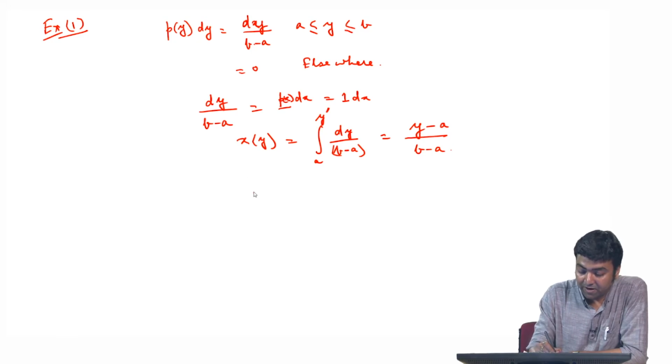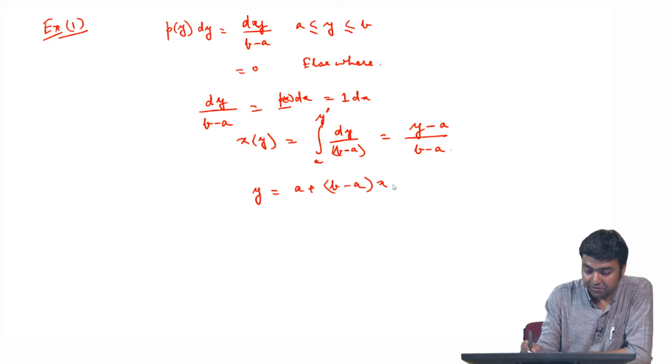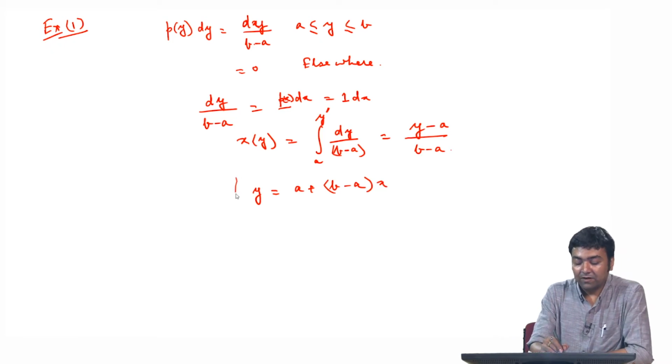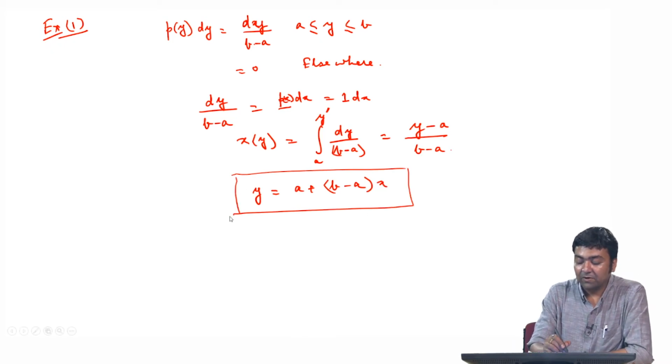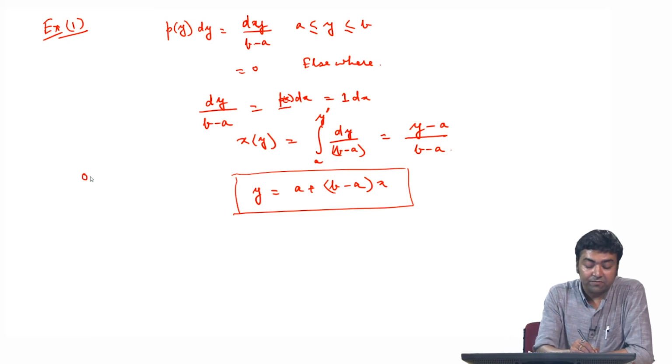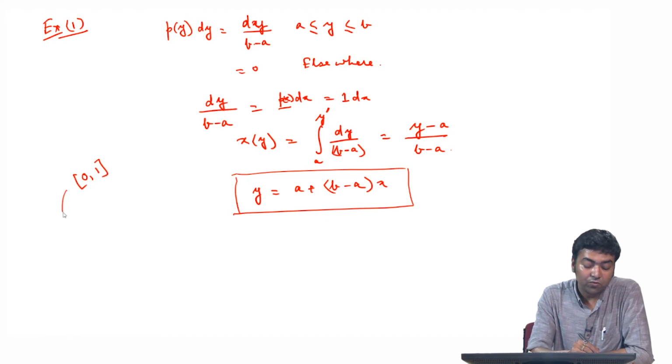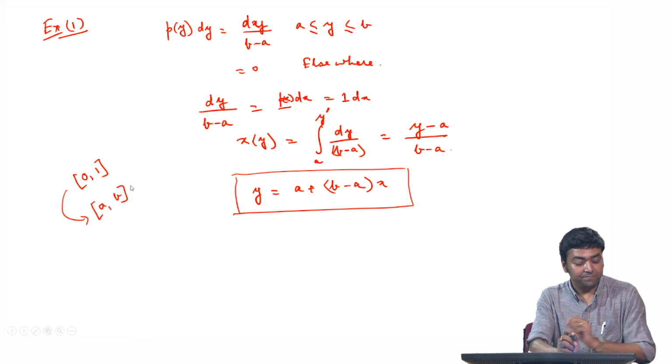If I do the algebra, I will get y = a + (b-a)x. So, basically what this change of variable does is that if I have a set of random numbers with uniform distribution lying between 0 and 1, it converts it to another set of random numbers, again with uniform distribution, but now between a and b.